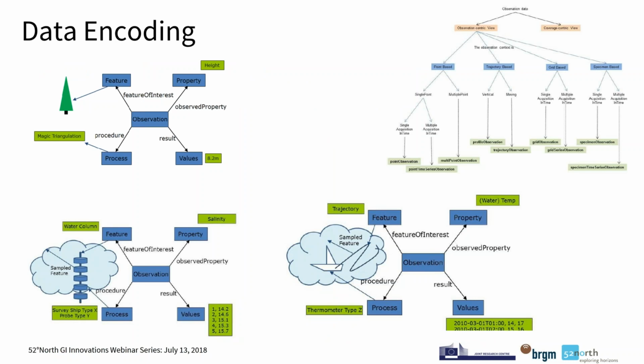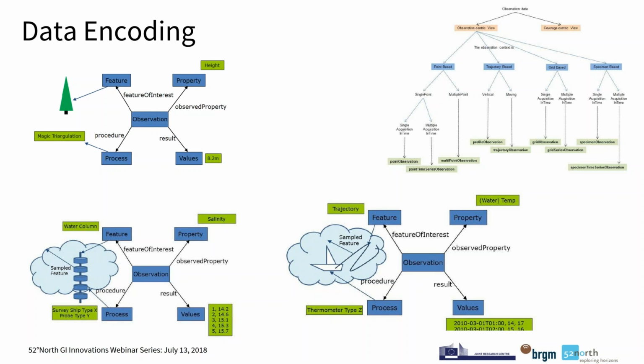In terms of data encoding, this is one of the documents that deals with this topic. There's a very flexible way of handling the data encoded as observations and measurements in Inspire, depending on the particular use case, depending on what the users need.